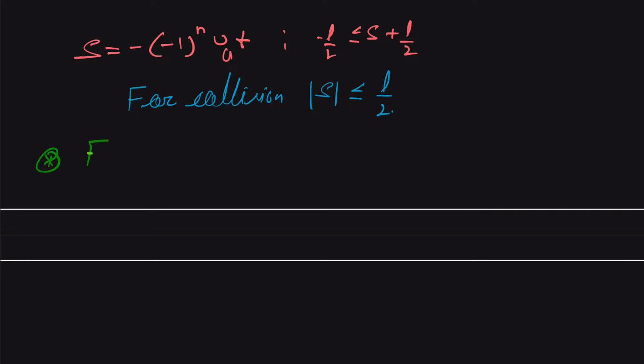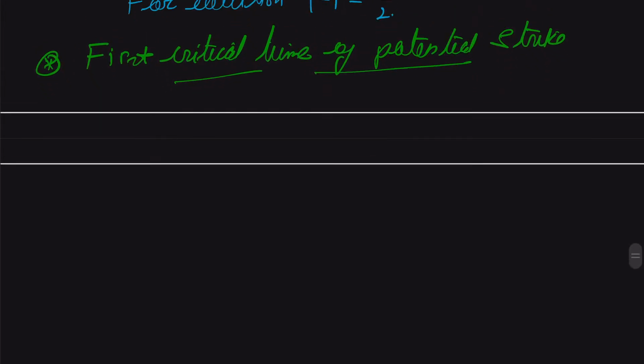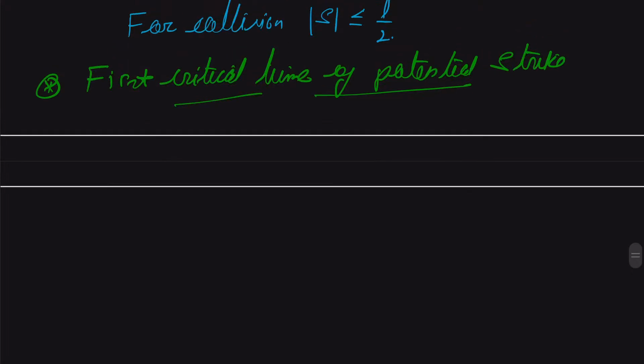So we can say that the first critical time of potential strike, we can write that our theta, which is our omega t, will be equal to pi by 2, the smallest positive t basically.